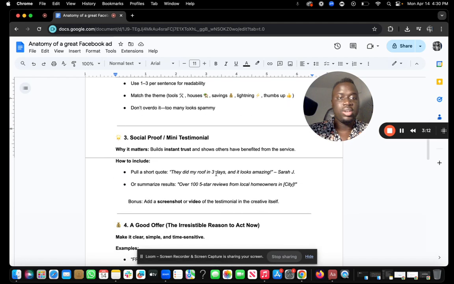Next, social proof. So what we've tested with our clients is that when you add social proof to your ads, click-through rates go up. Because usually that testimonial that we put is very relevant to the ad. So it's a testimonial of somebody that has claimed that offer, that has gotten that service done.